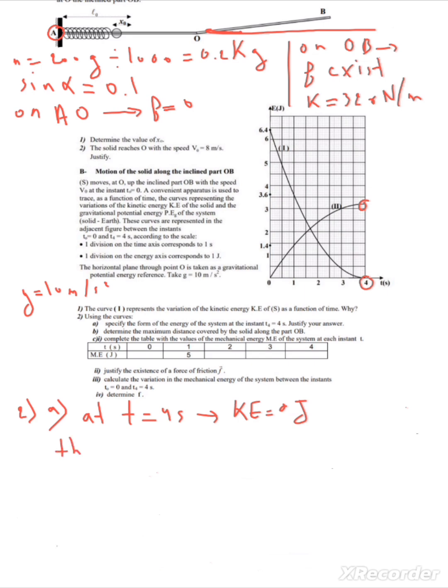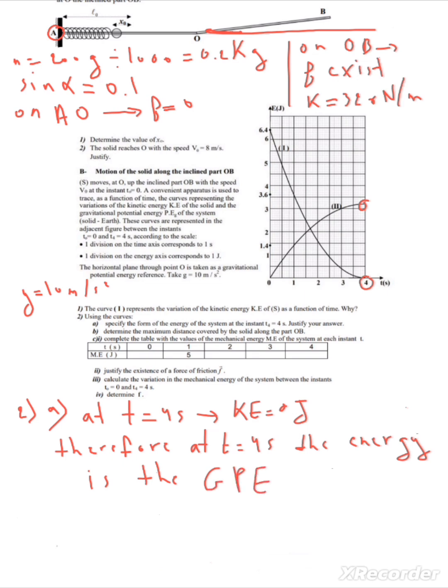Therefore, at t equal 4 seconds, the energy is the gravitational potential energy GPE.